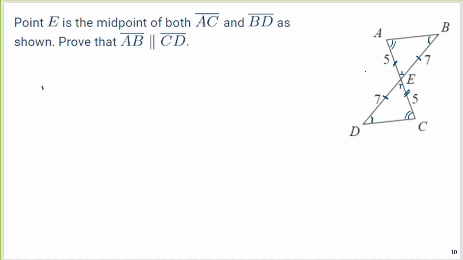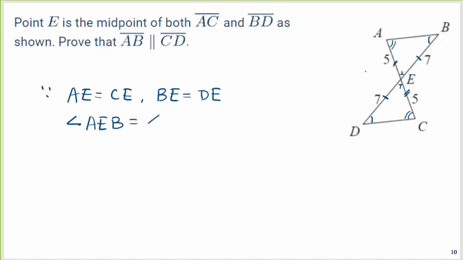So you could say because AE equals CE, also BE equals DE, angle AEB equals angle CED. Again, SAS, two sides and angle in between are equal. Therefore, we can conclude triangle ABE is congruent with triangle CDE.